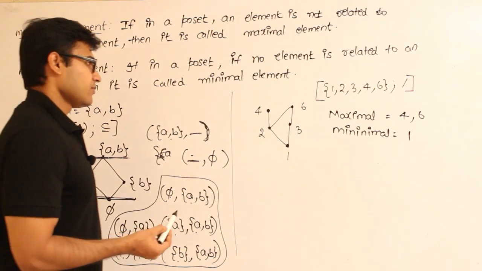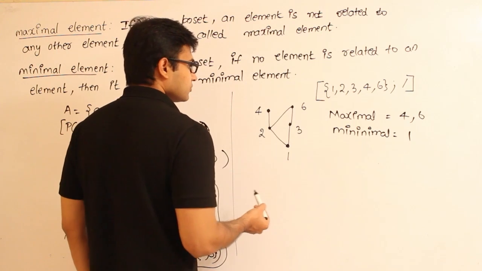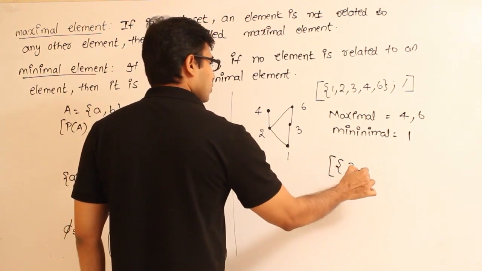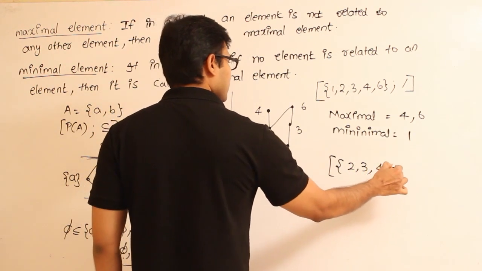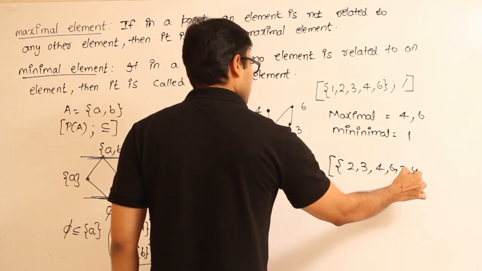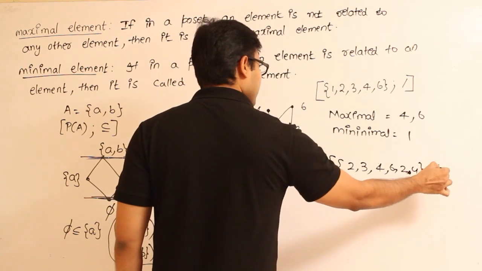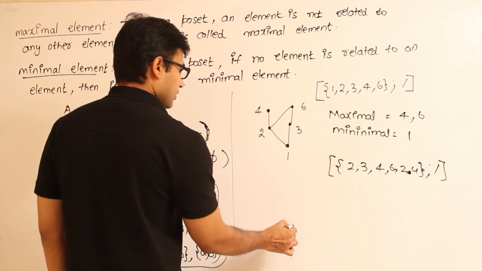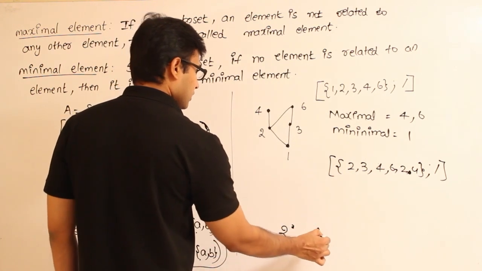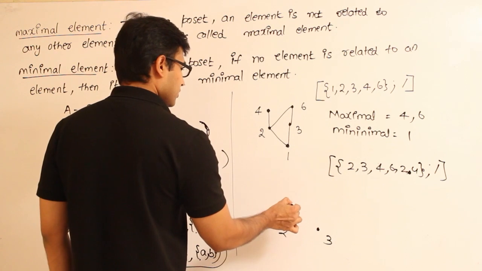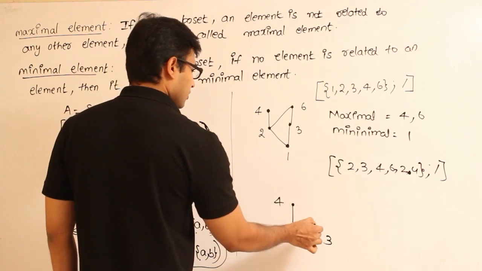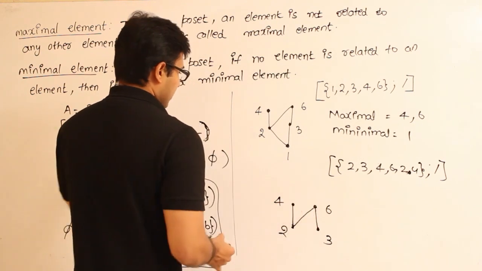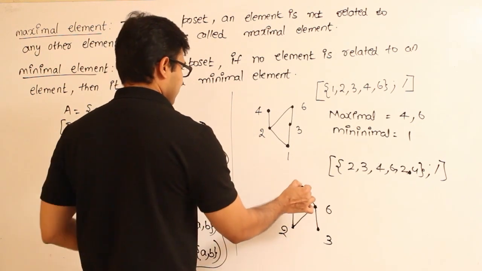Okay, now let's take one more example. Let us say we have the set 2, 3, 4, 6 and 24. Sorry, 24. This is the set and divides is the relation. Now let's see what happens. We have 2, 3, 4, 6, right, and 24.